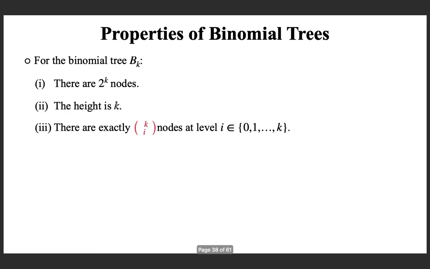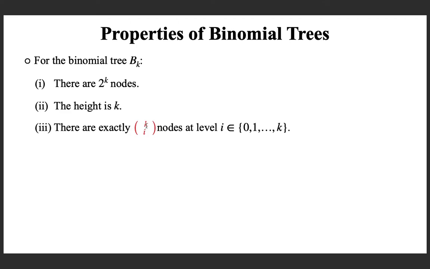Next property, if you look at the binomial tree Bk, there are exactly k choose I nodes at level I for all I from 0 to k.